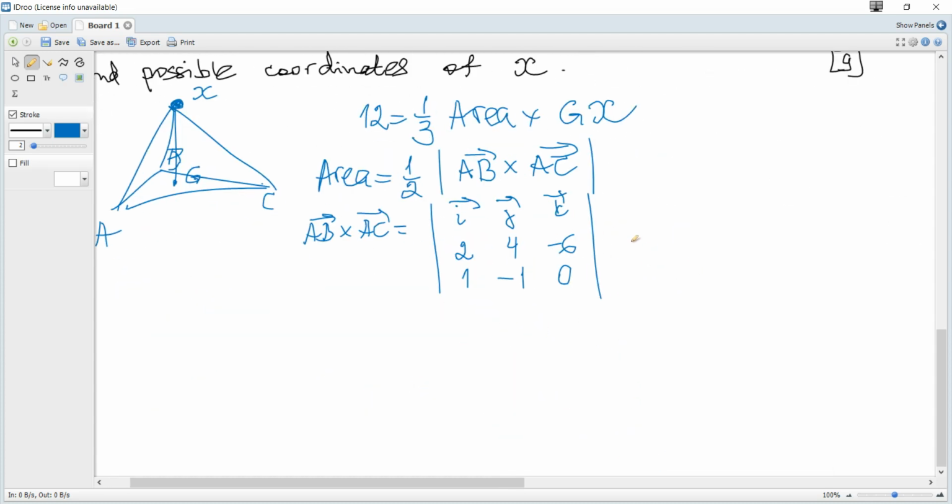And it becomes i times the determinant of this 2 by 2 matrix, this product minus this product, so it's 0 minus 6, negative 6, minus j times the determinant of this 2 by 2 matrix, it's 0 minus negative 6, so it's plus 6, plus k times the determinant of this 2 by 2 matrix, it's negative 2 minus 4, negative 6.